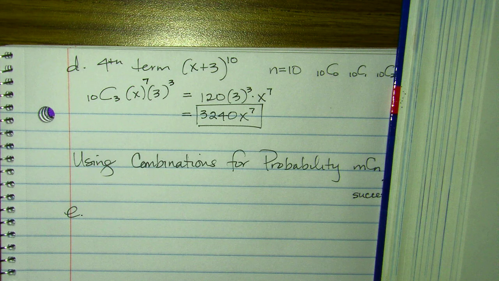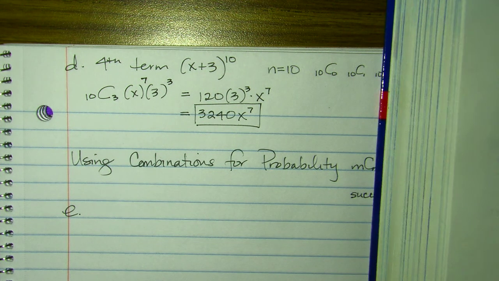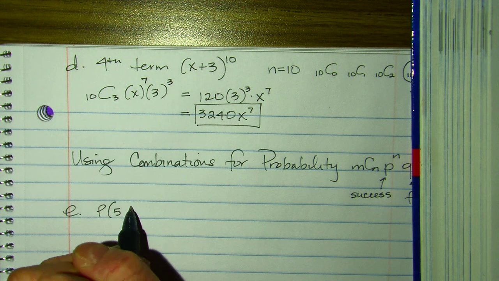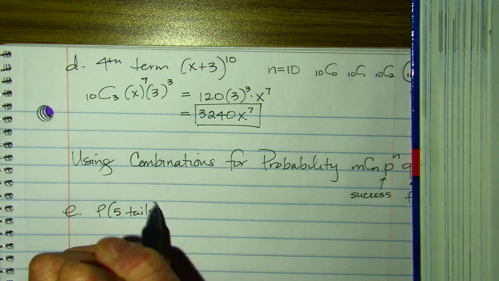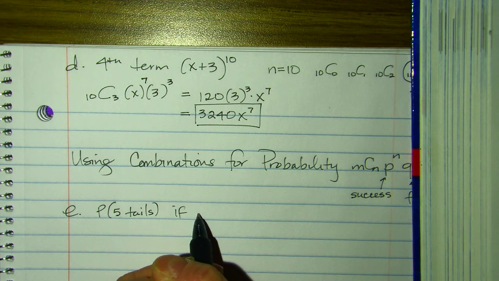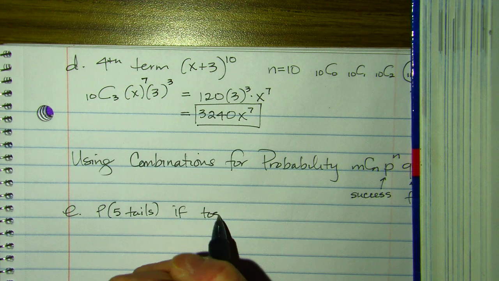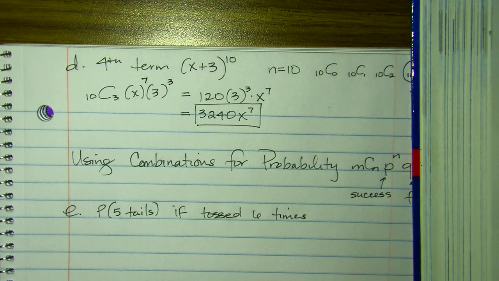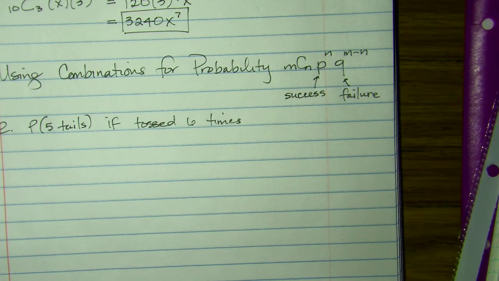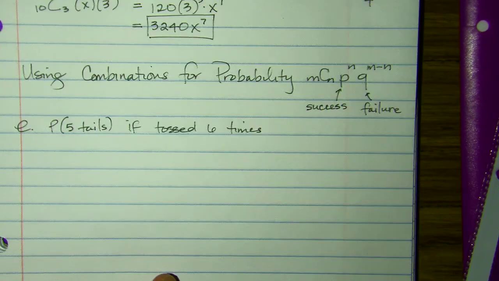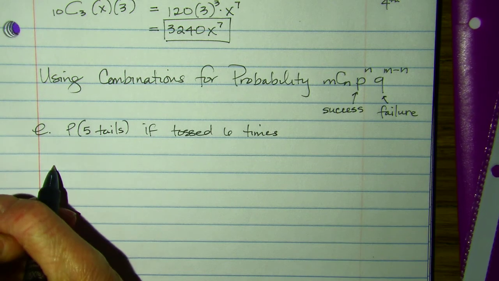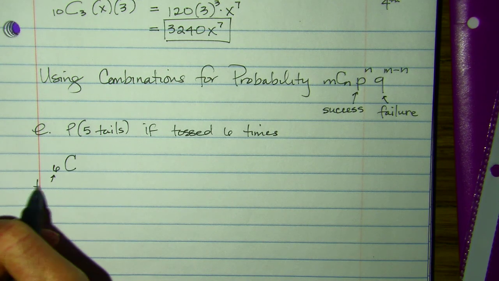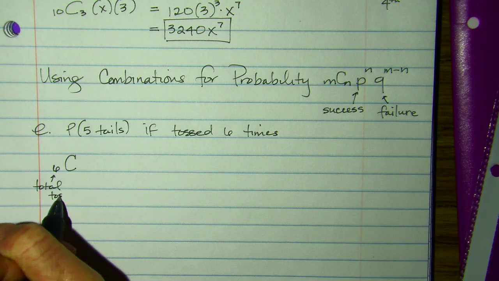It says, find the probability of getting exactly 5 tails if a coin is tossed 6 times. Okay, so here's how we're going to set it up. I am tossing it a total of 6 times, so 6 is going first because that's total tosses.